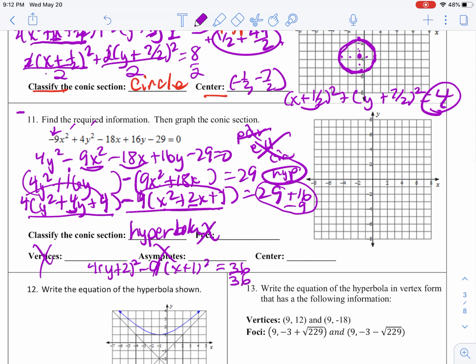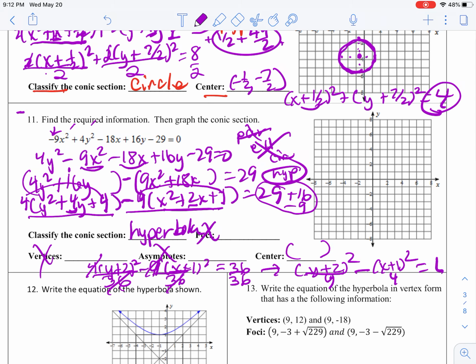I want it equal to 1, so I'm going to divide everything by 36. And that gives me y plus 2 squared over 9 minus x plus 1 squared over 4 equals 1.